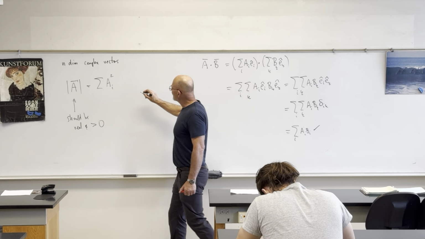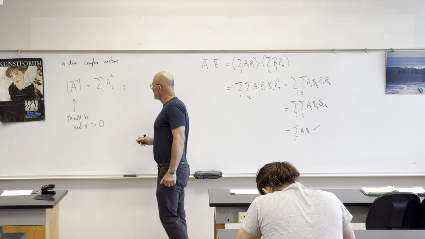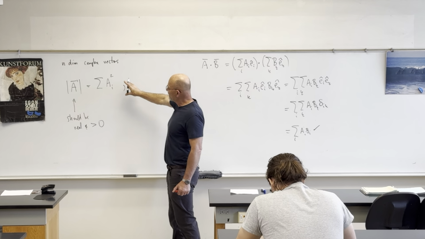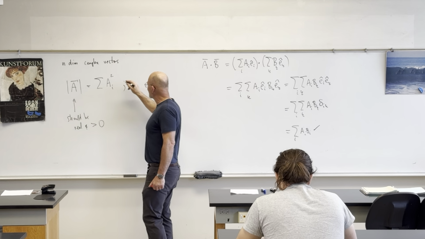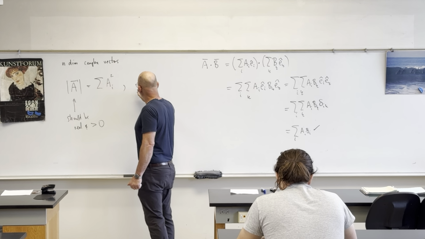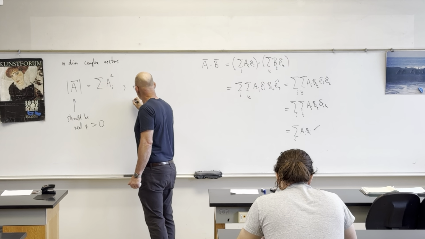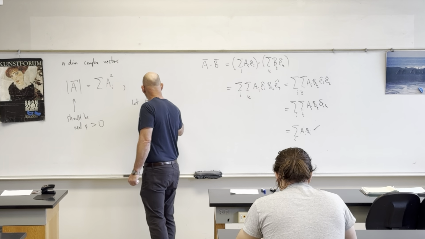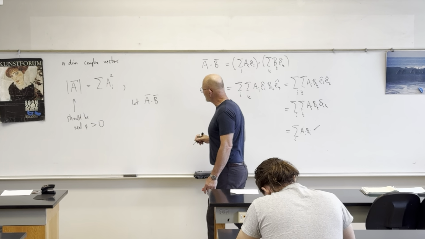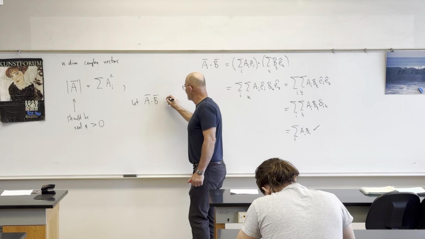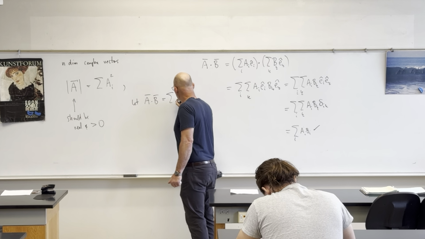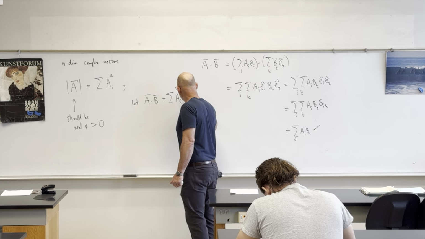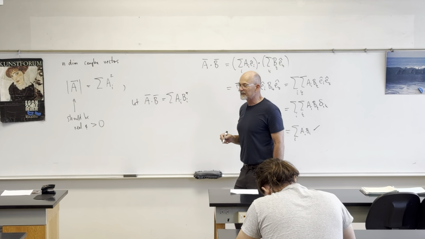So what we have to do is modify that definition and retain the real case as a special case. So what we do is let A dot B, we're still using the dot form, equal the sum of A sub i times B sub i complex conjugate.